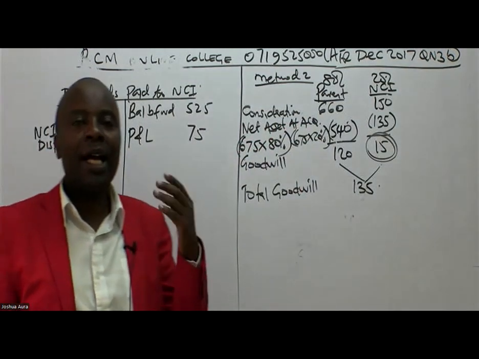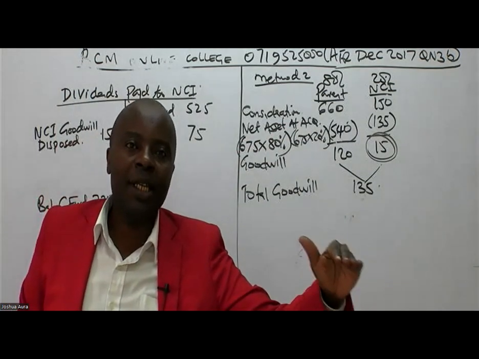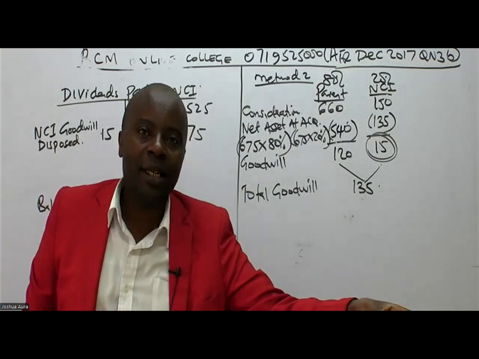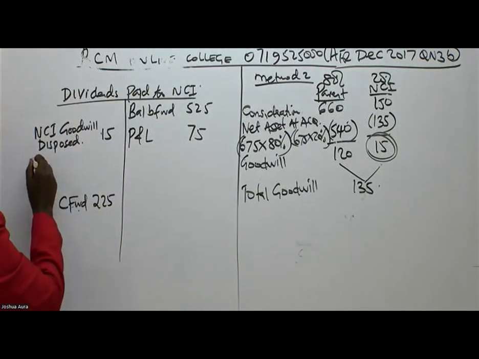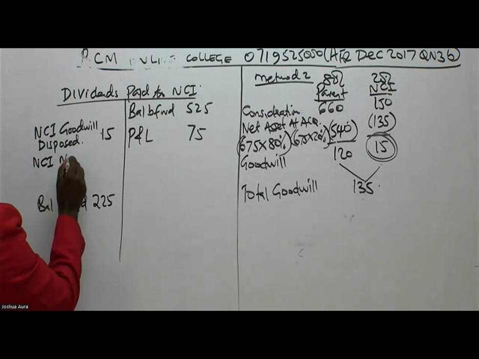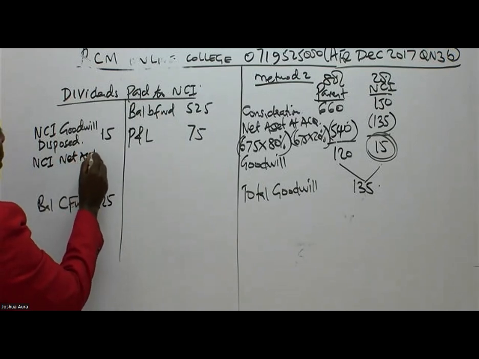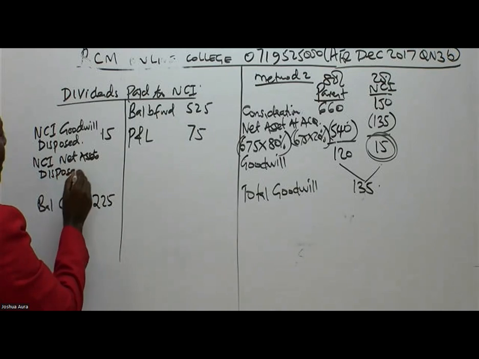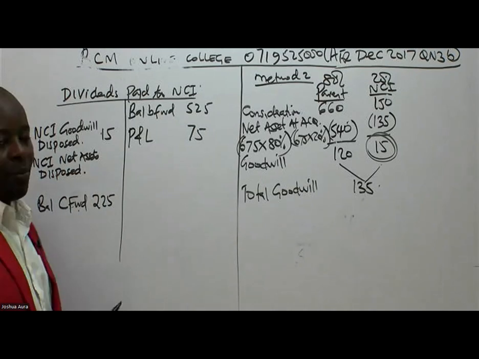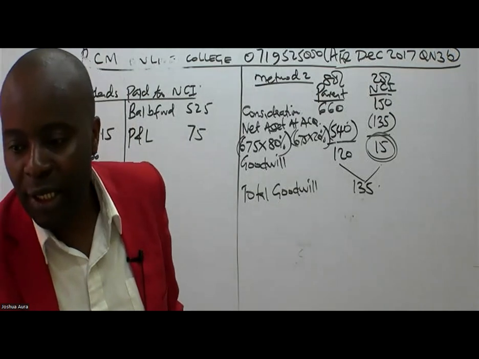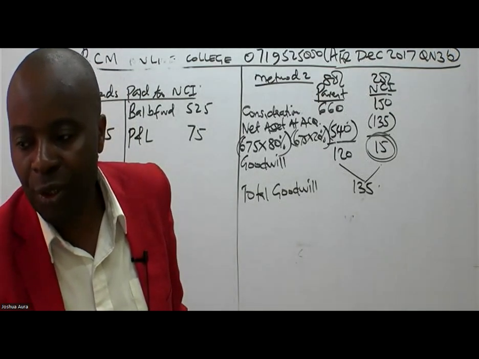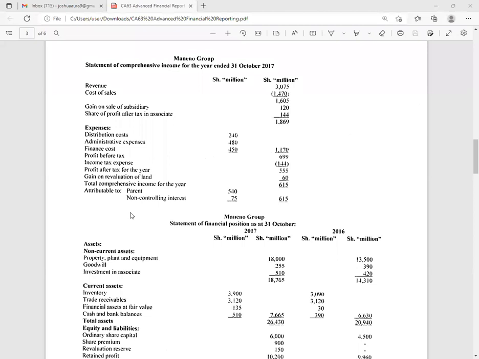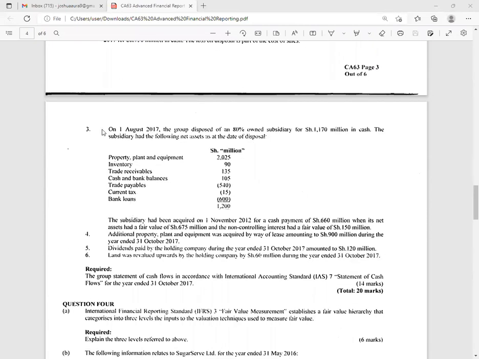And also remember, with the gone subsidiary, they lost some net assets. So we have NCI's net assets disposed. If you look at this particular question, they have told us the net assets, look at note 3. On 1st August 2017, the group disposed of an 80% owned subsidiary for shillings 1170 million in cash.